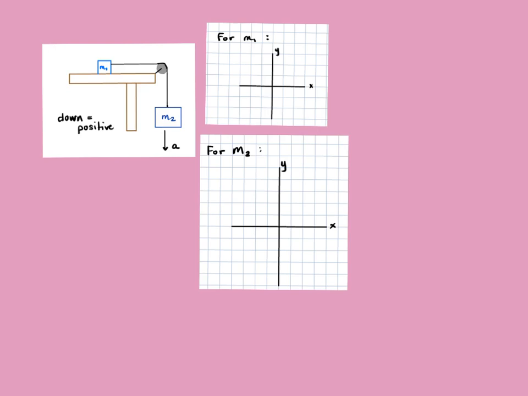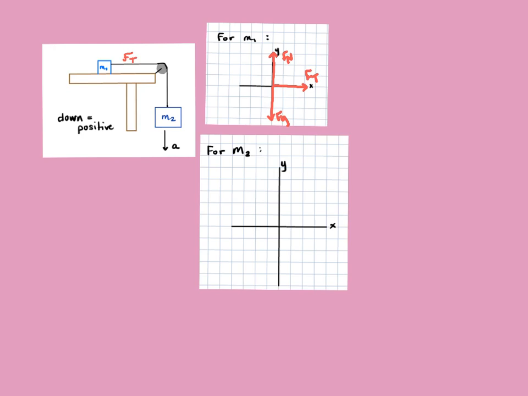If we go to draw a force diagram for mass 1, we've got a normal force, and we've got an equal and opposite force of gravity. We also have a force of tension. There's some tension along this string right here.